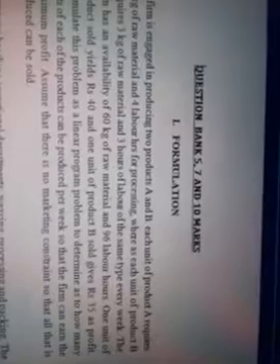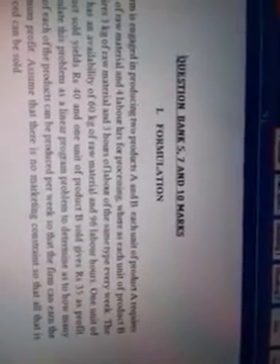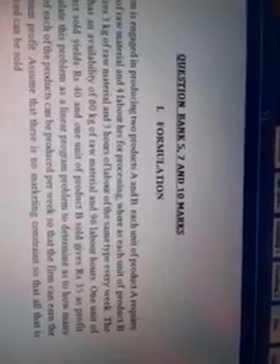Okay, so to produce product B, it requires 3 kg of raw material and 3 hours of labor. And the firm has an availability of 60 kg of raw material and 96 labor hours. So to produce the products, the firm has only 60 kg of raw material and the firm can give only 96 hours to work.